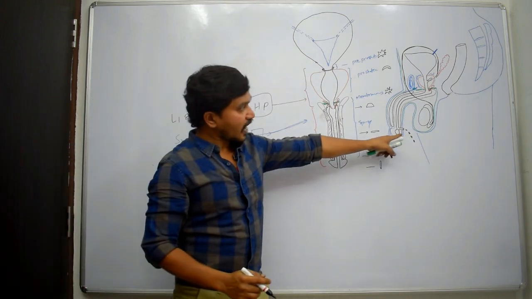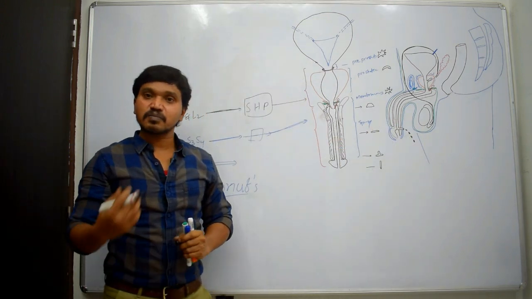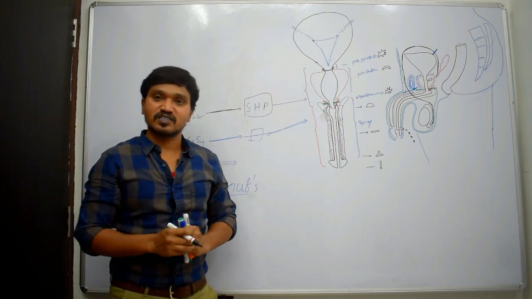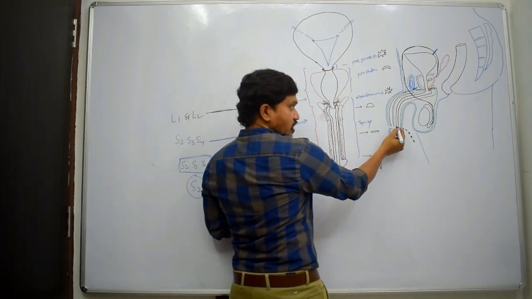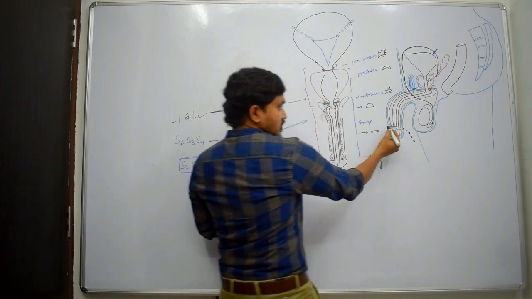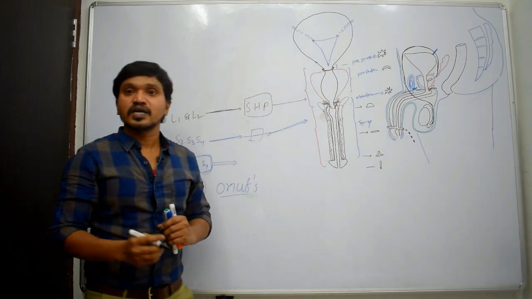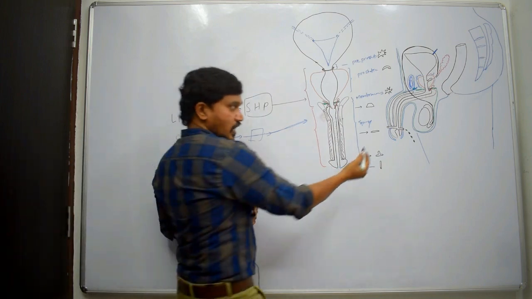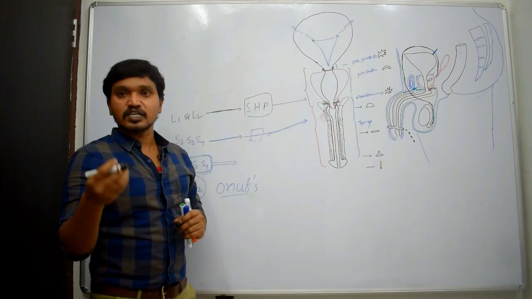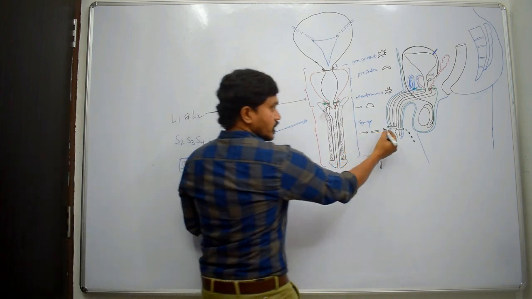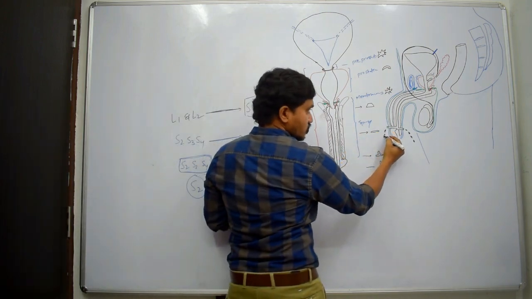So this is hypospadias. In some conditions there will be epispadias. Epi means what? Above. Instead of here, this urethral orifice will be opening here. This anomaly we call epispadias. This is hypospadias, this is epispadias. So when that individual is urinating, urine will be coming out through this route.